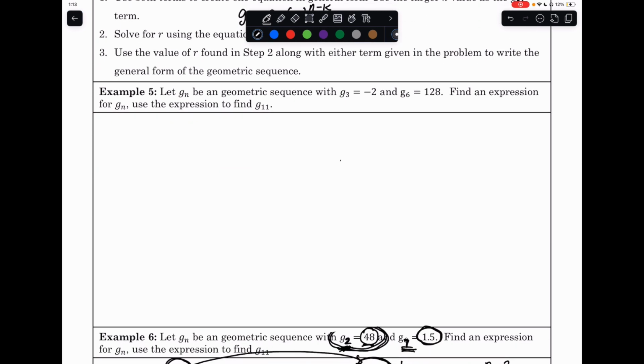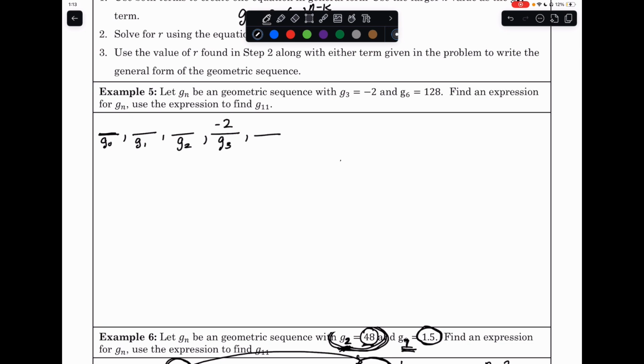Here, to make a little bit more sense, I'm just going to put the numbers in their sequence in order. So we have G of 3 is equal to -2. We don't know what the first initial value of this sequence is, nor the second, nor the third. So we don't know what the first 3 numbers in the sequence are, but we do know that the fourth number in the sequence, G of 3, is -2.